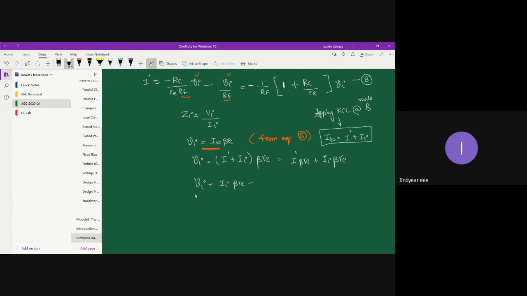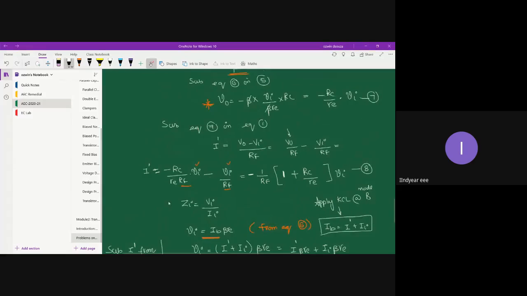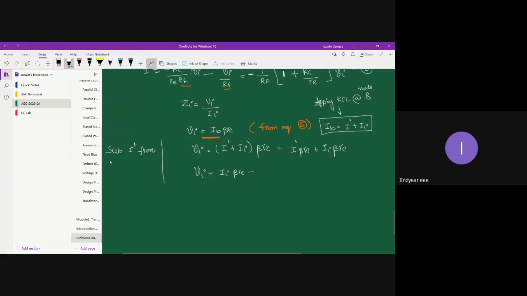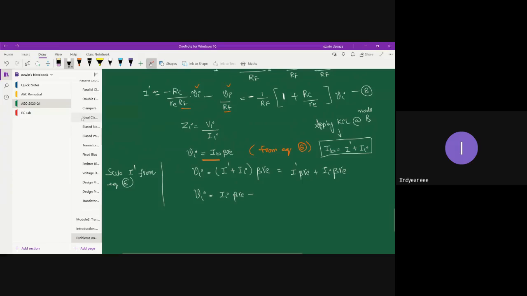We have already written an expression for I dash. Substitute I dash from your output circuit, from equation 8. Let me show this equation. Your equation 8 is here. So let's substitute that equation.